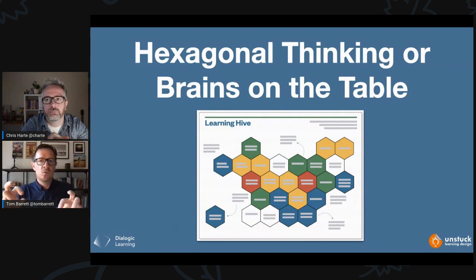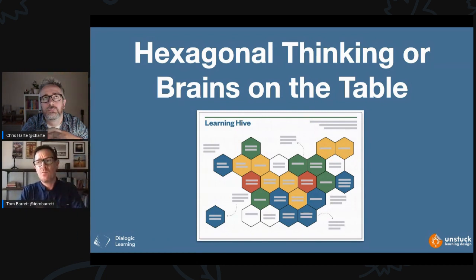One of the things you were seeing from the videos is the idea of brains on the table. That was easily done with some small pieces of paper and little pieces of card. Hexagonal thinking would be in that same boat, where we're using small hexagons that can be connected in many different ways. And on those hexagons are individual ideas or elements of a particular conceptual understanding.